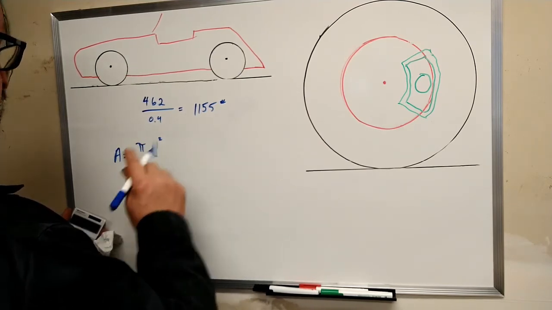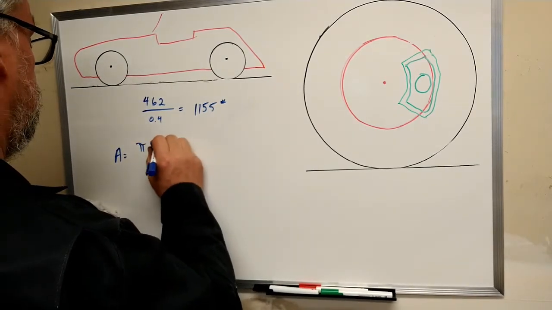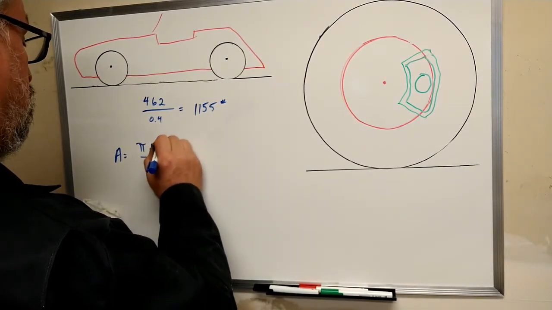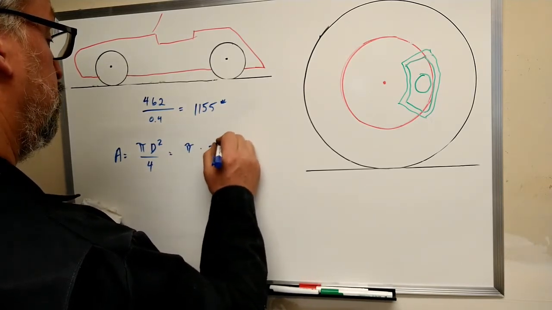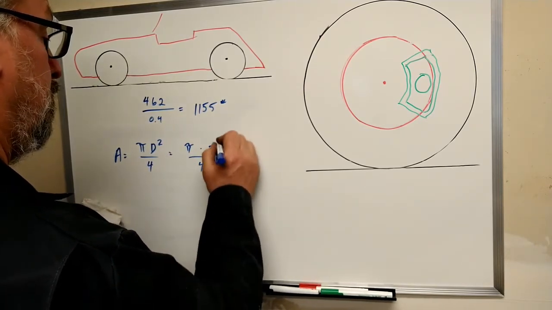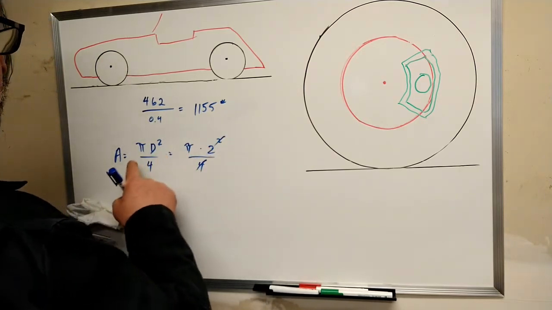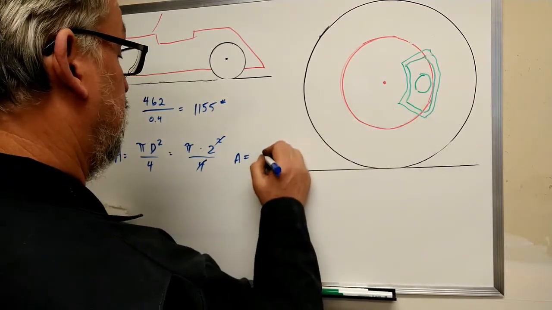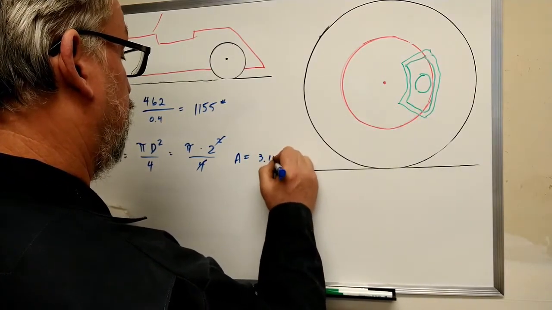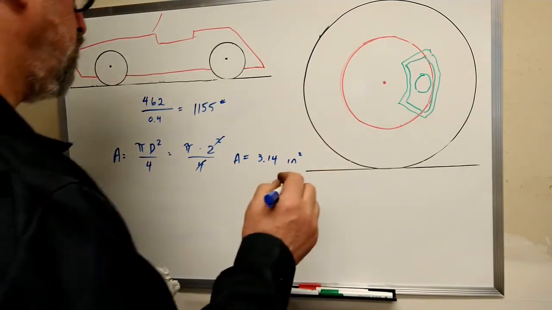Let's go with diameter, it's easier to do here. D squared over 4, which equals pi times 2 squared over 4. 2 squared is 4, and the 4s cancel. So the area of the piston is 3.14 square inches.